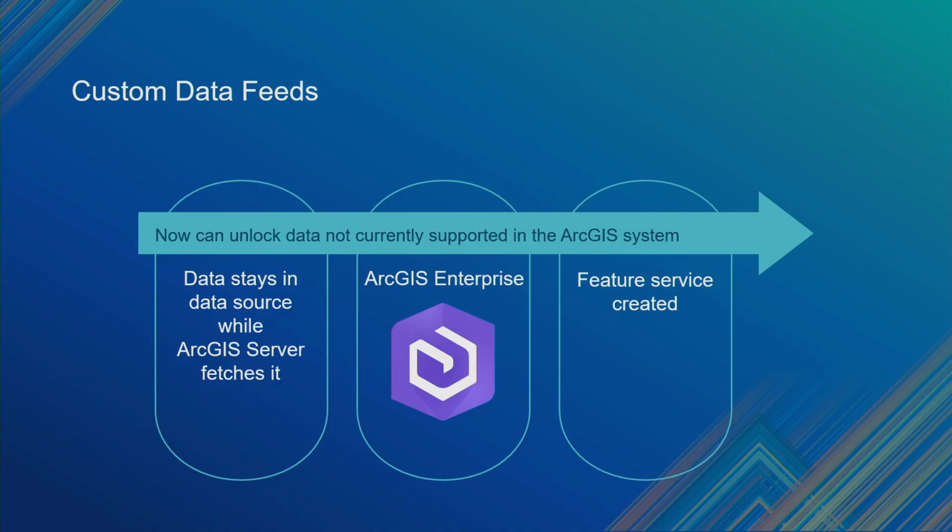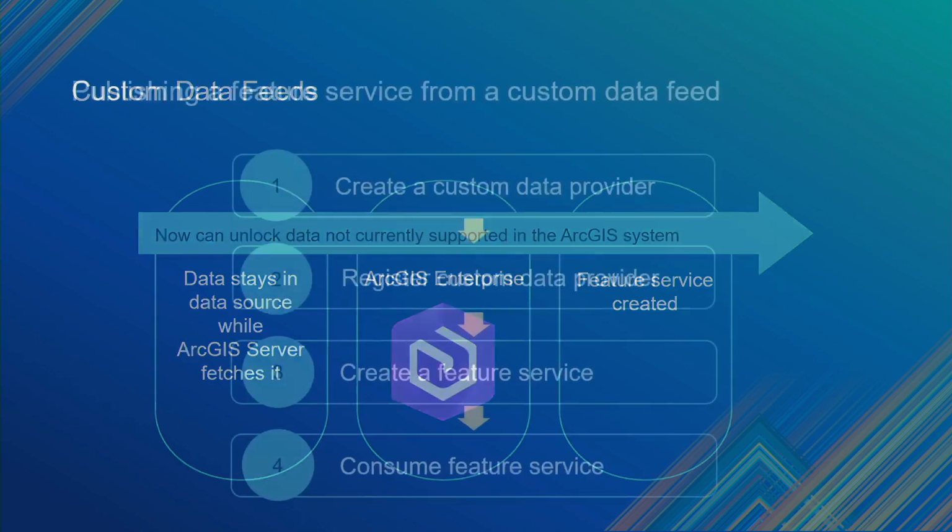They can create a custom data feed that streams this data into their GIS for analysis and visualization. Custom data feeds provide a flexible and powerful way to extend the capabilities of ArcGIS Enterprise, enabling you to integrate a wide variety of data sources into your GIS workflows.